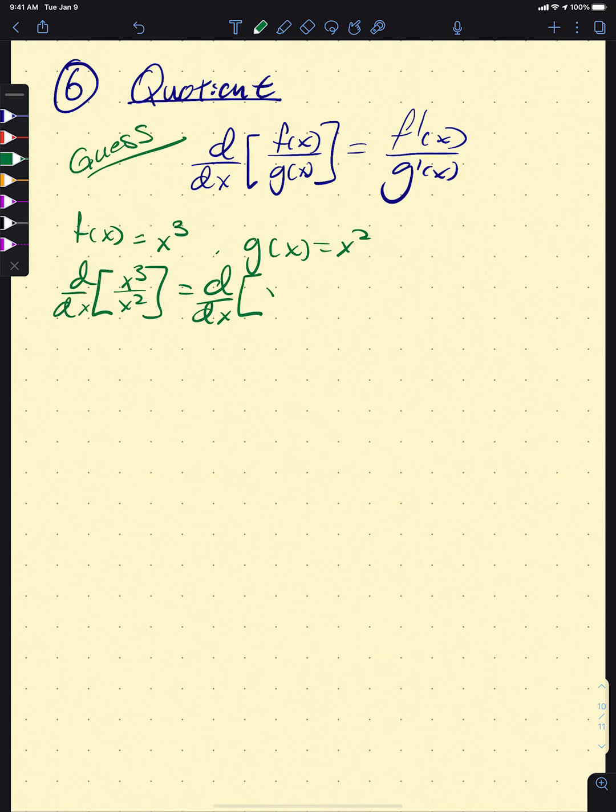Well, that's the derivative of just x, right? And then, of course, the derivative of x is 1, right? So 1 drops down, 1 minus 1 is 0, and x to the 0 is 1. Okay, well, what if we take our derivatives first? What's f prime of x over g prime of x? F prime of x is 3x squared.